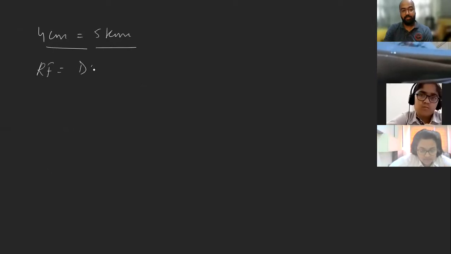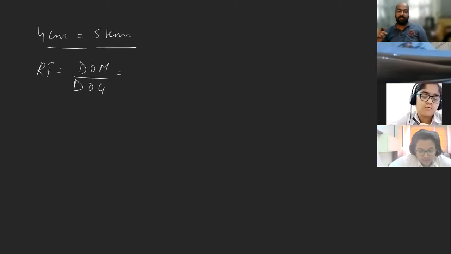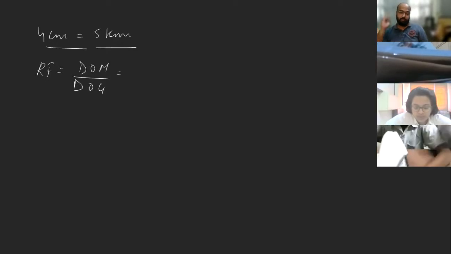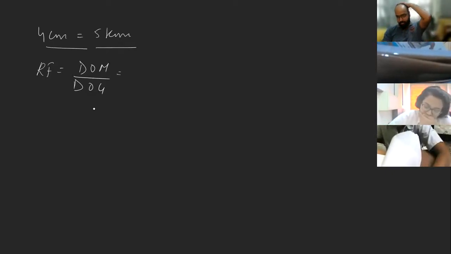RF, that is DOM oblique DOG. Now, substitute the values over here: 4 centimeter upon 5 kilometers. Please don't speak. You solve it on your own. Then I'll show you the working.